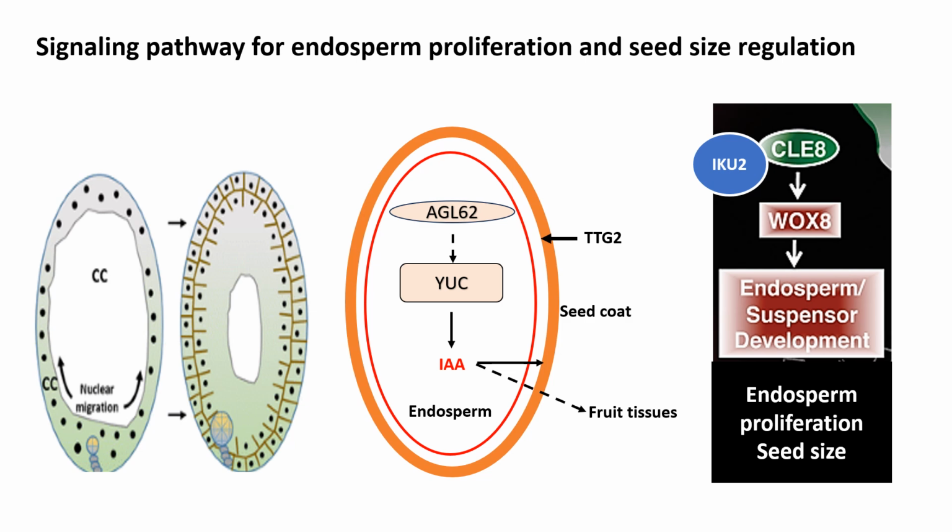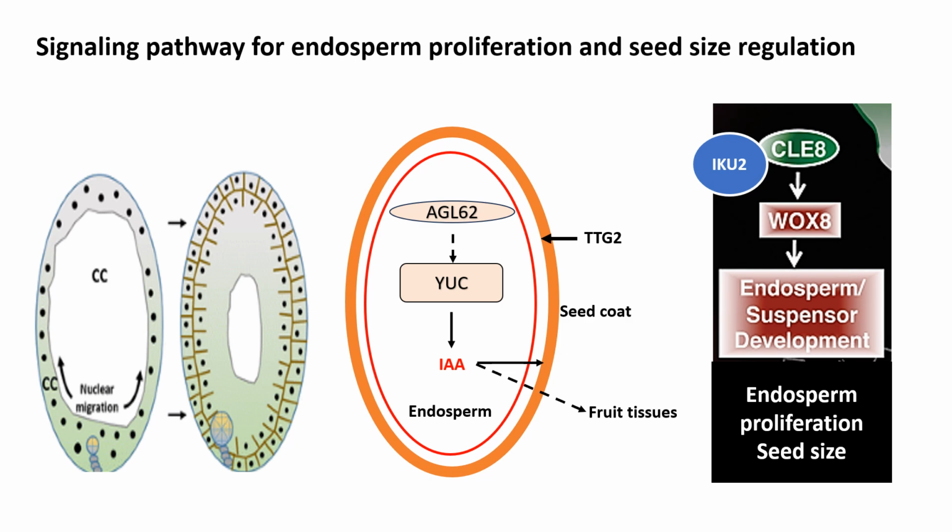Several receptor-like kinases have been shown to be required for proper endosperm and/or embryo development. HAIKU2 represents one such receptor kinase. IKU2 encodes a leucine-rich receptor-like kinase that is expressed in the endosperm of developing seeds.